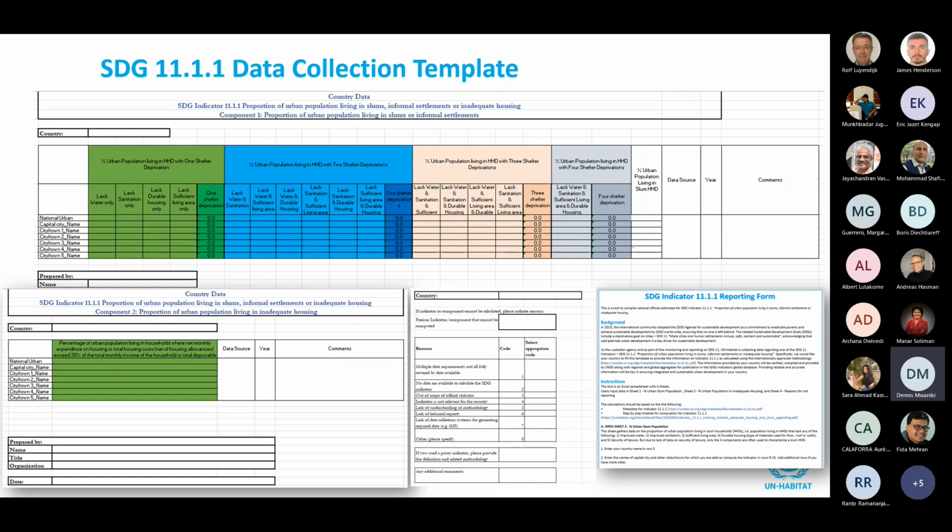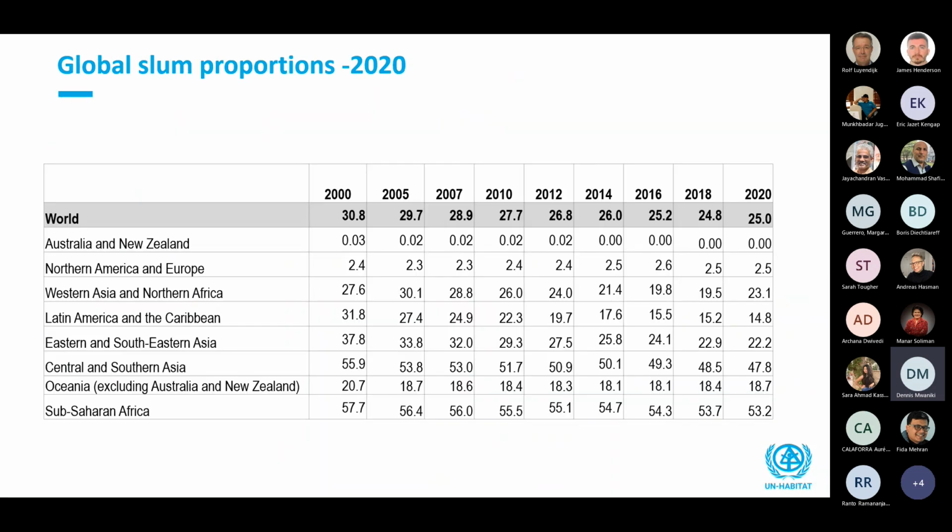So we are using this harmonized definition to help countries to also produce data that is using the same unit of measurement, so that you don't have one data point coming for a metropolitan area and another data point coming for a secondary city, and then one shows a very high level of deprivation against another area, yet the units of measurements are ideally not the same. So usually every year we send these templates to countries to populate and share their results for the indicator.